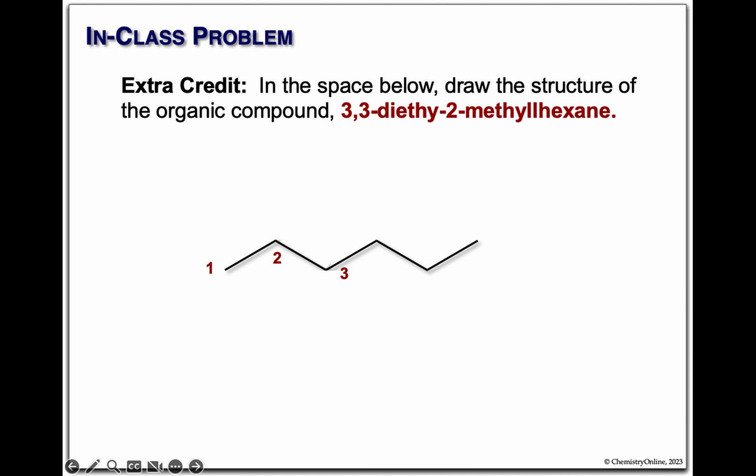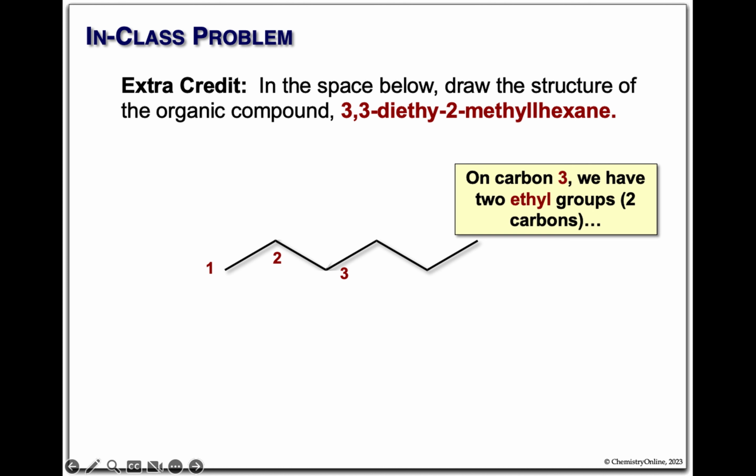We're going to show this in a line drawing as the line going up and down over, it'll have 2 carbons. Ready? Something like this would work. That is 2 ethyl groups, 2 carbon units.